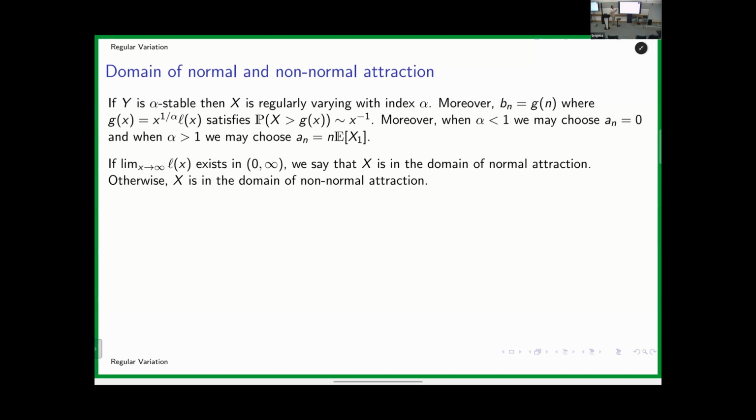So the attraction is normal, not the limit. Something to pay attention to. If this slowly varying function is properly slowly varying, then we will say that X is in the domain of non-normal attraction. Again, the attraction is the one that's not normal, not the limit.